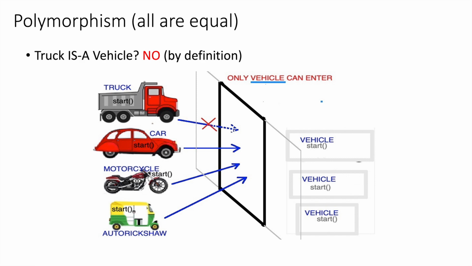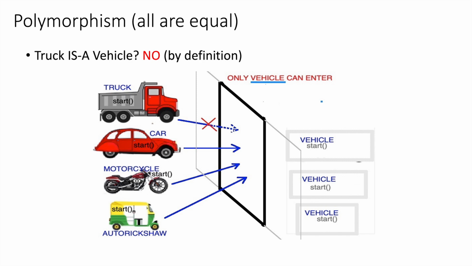For example, there is a hall, and they are saying that all the volunteers need to enter. Or, for example, it's a social workers meet, and every social worker is allowed to enter. Now suppose a minister also enters. Yes, the person is a minister, but when the minister enters, the minister is going to behave exactly like any other social worker.